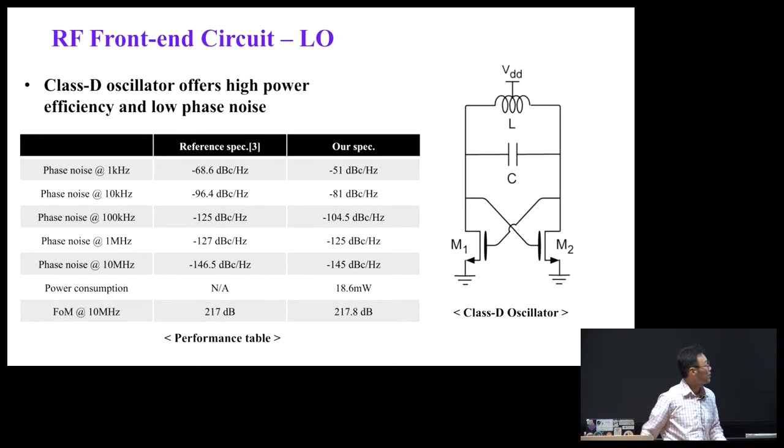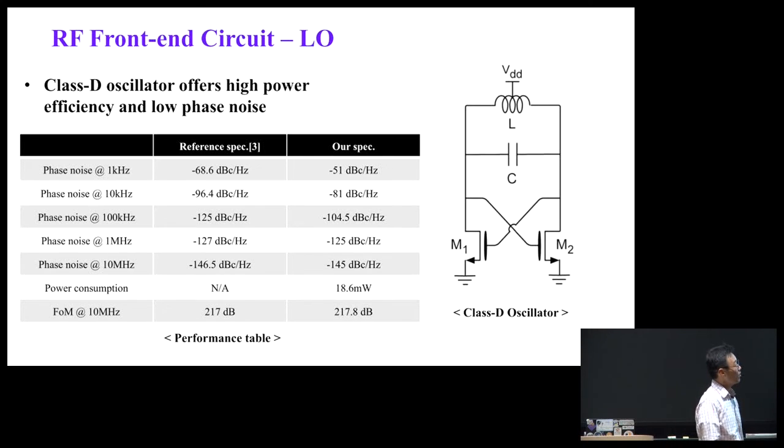Yeah, this is a local oscillator circuit. Again, a local oscillator is nothing but generating a really clean clock signal to down-convert our RF signal to a lower frequency. As you can see in the schematic, we need an inductor. So we just hand calculated and put the parasitic resistance on the inductor.